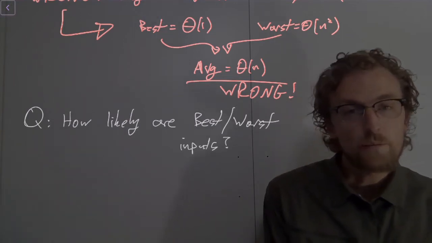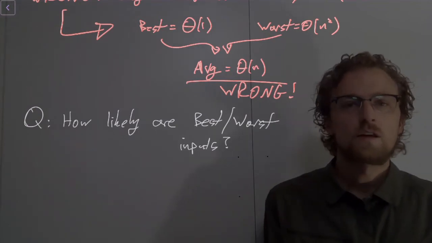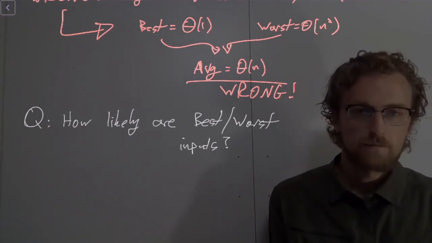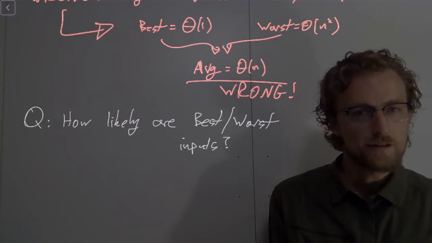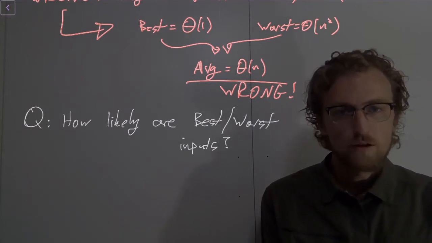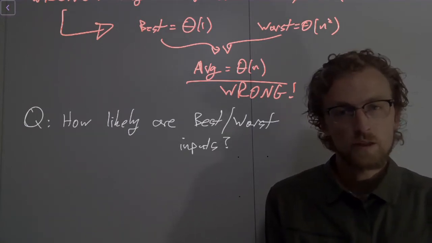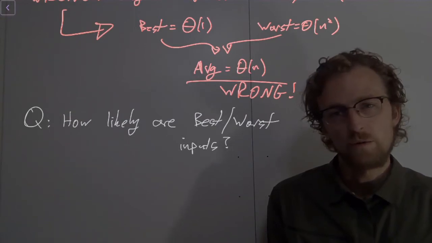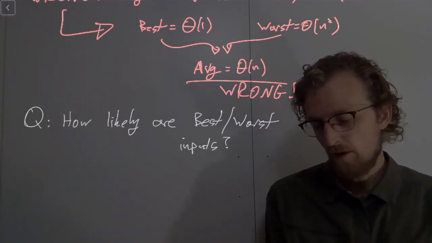So for example, suppose best case inputs are extremely likely. Suppose that somehow you've done the analysis or you've done a bunch of experiments and you've determined that best case is very likely.